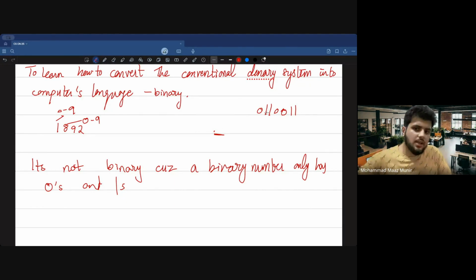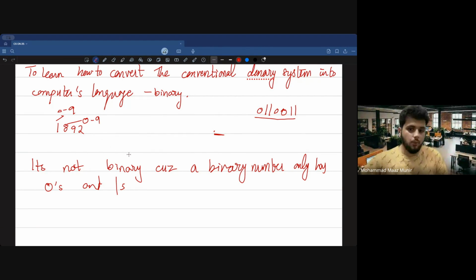If it's something like 0 1 1 0 0 0 1 1, is it a 10? No, it's not 10. If they say in a question that it's a binary value, then there is a different methodology to it. And if it's a denary value, then it's a 10.